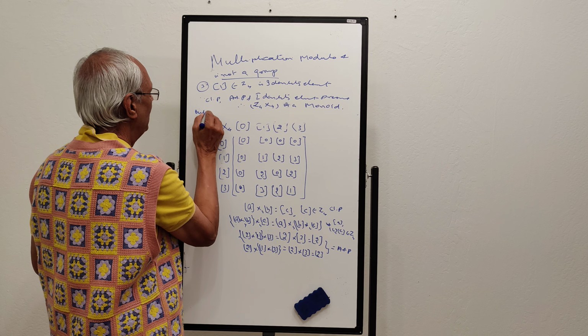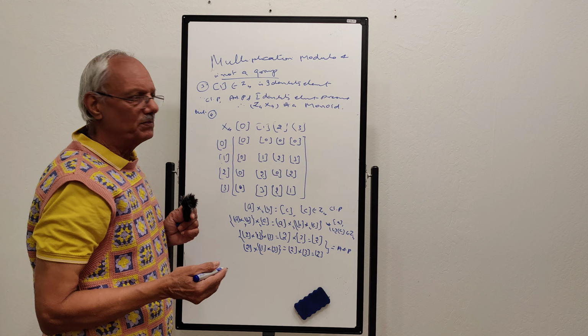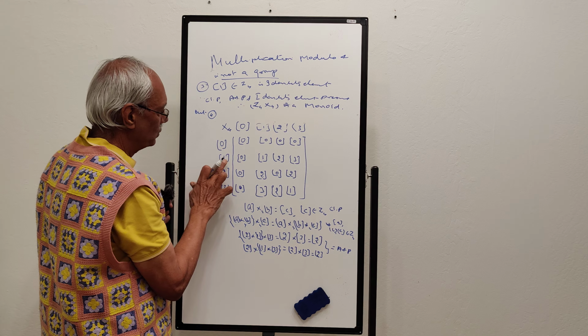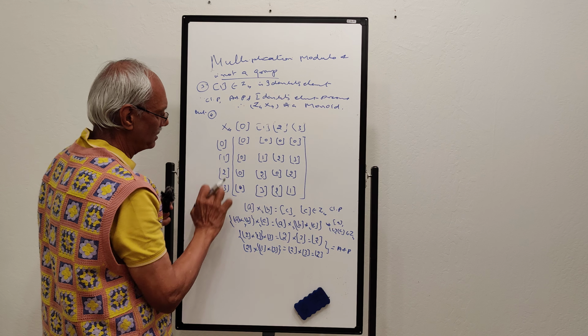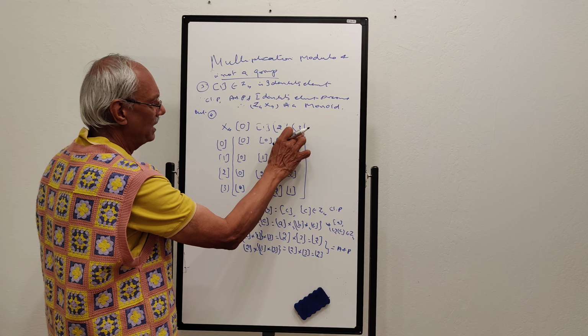But the fourth property, namely that the inverse must be present, fails. Since 1 is the identity element, the inverse of 1 is 1, and the inverse of 3 is 3.